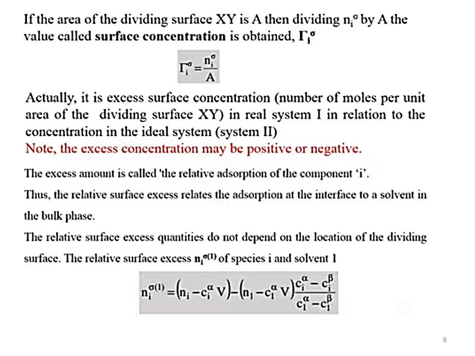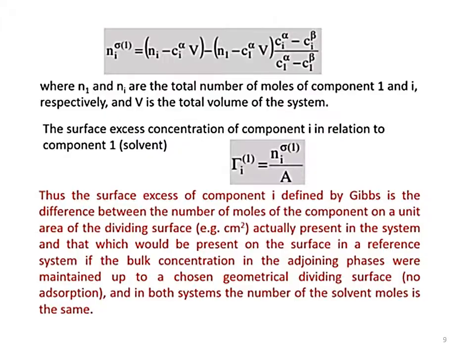It means that here there is a relation between the I component species and solvent 1. Going to our next slide, number 9, it is written the formula we had discussed earlier, where N1 and Ni are the total number of moles of component 1, meaning solvent 1, and I component species respectively, and V is the total volume of the system.